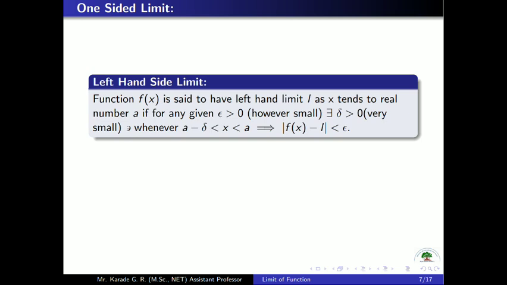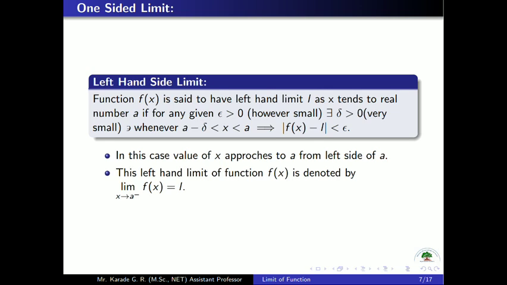So this is the very simple meaning of the left hand side limit. So in this case the value of x approaches a from the left side of a, and this left hand limit of function f of x is denoted by the notation limit f of x as x extends to a minus is equal to L.